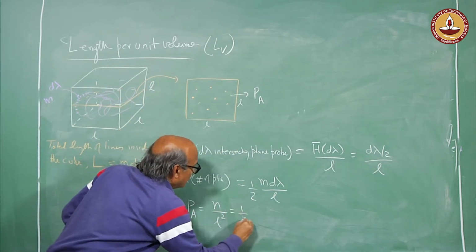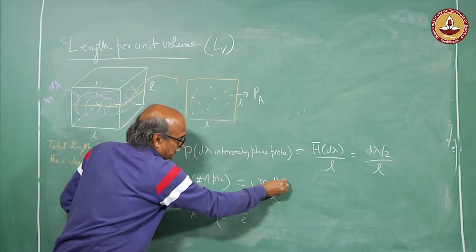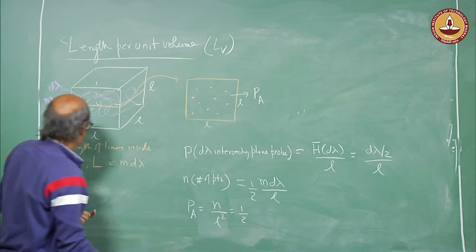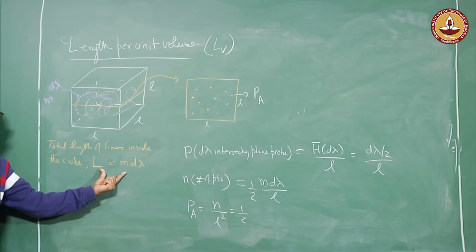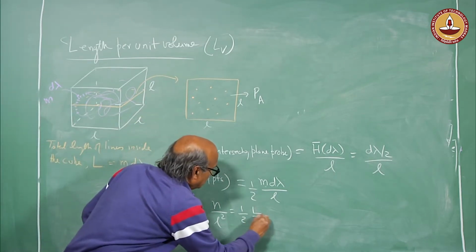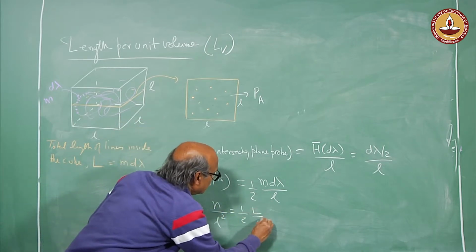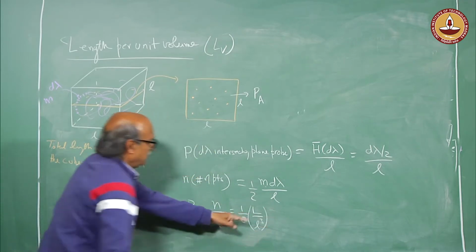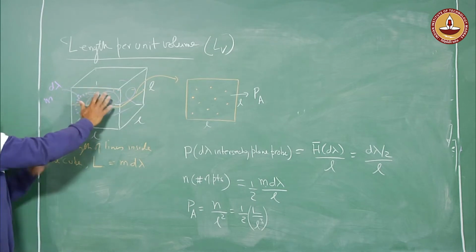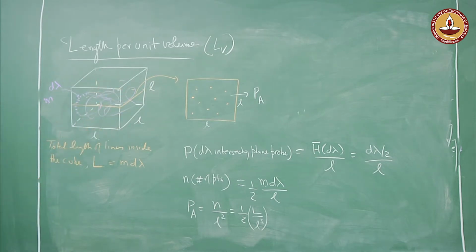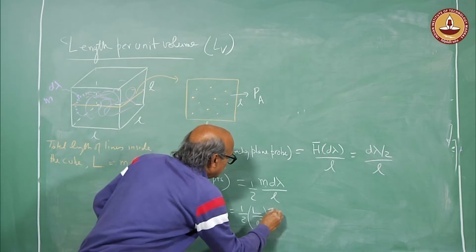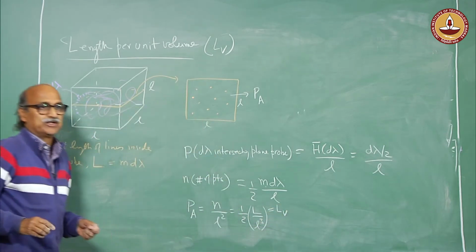So, this is half m times d lambda, which is the total length of the elements, and I also have to divide by L square. So, this will become L cube. So, this capital L upon L cube is the total length divided by the volume of the cube. Hence, this is nothing but length per unit volume.